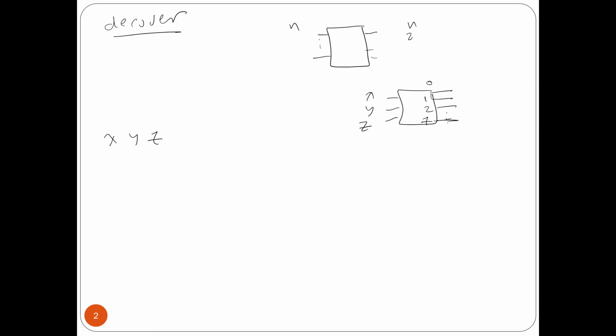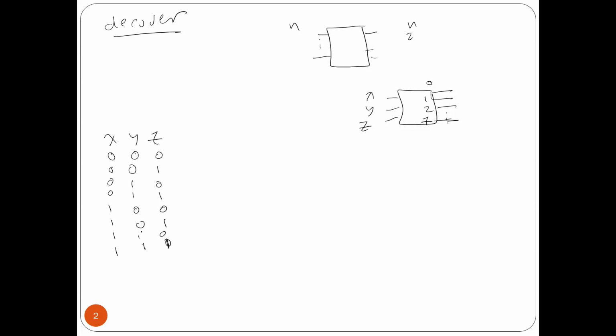Okay. So if you have X, Y, Z, as we explained before, we have here 4 zeros, 4 ones, 2 zeros, 2 ones, 2 zeros, 2 ones, and then we have 0, 1, 0, 1, 0, 1, 0, 1.